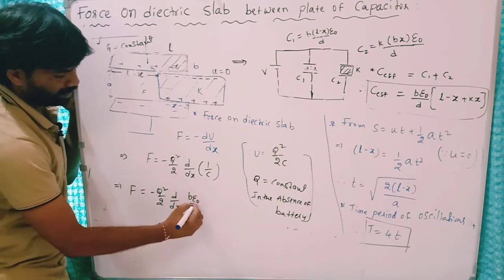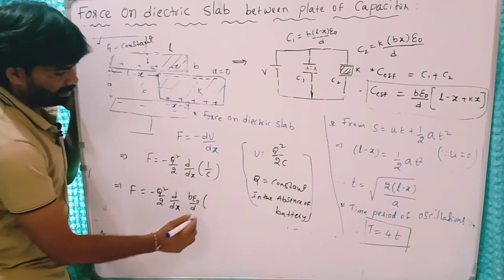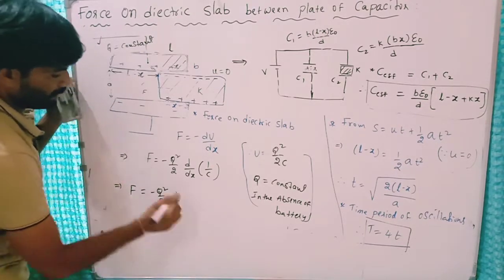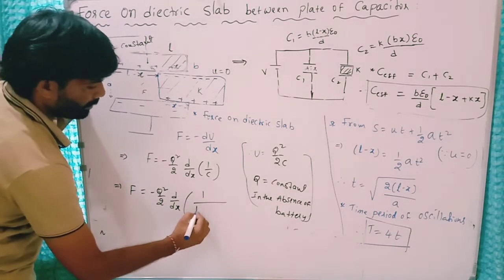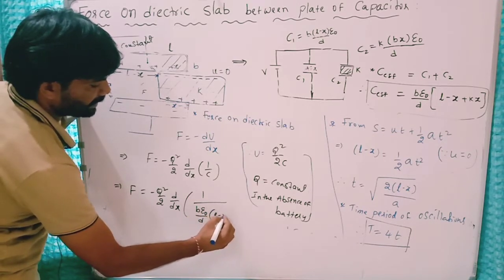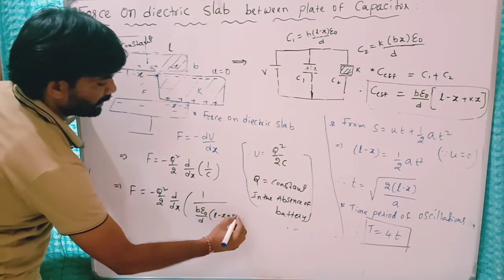C is b epsilon naught by d, so 1 by C gives 1 by b epsilon naught by d of L minus x plus Kx.